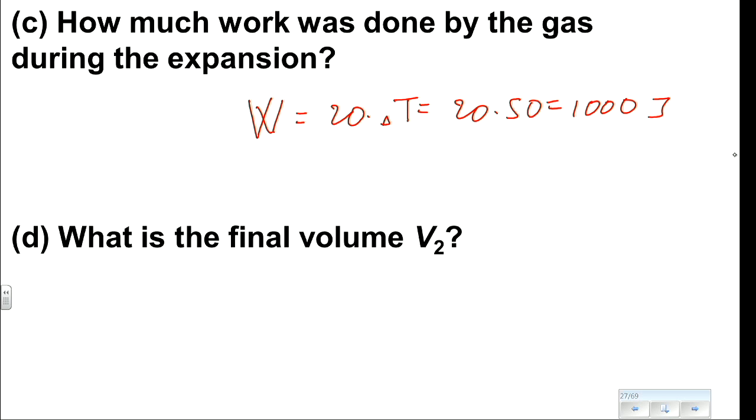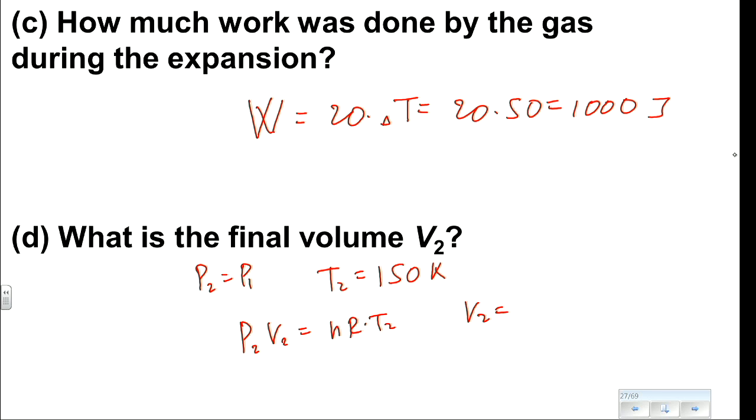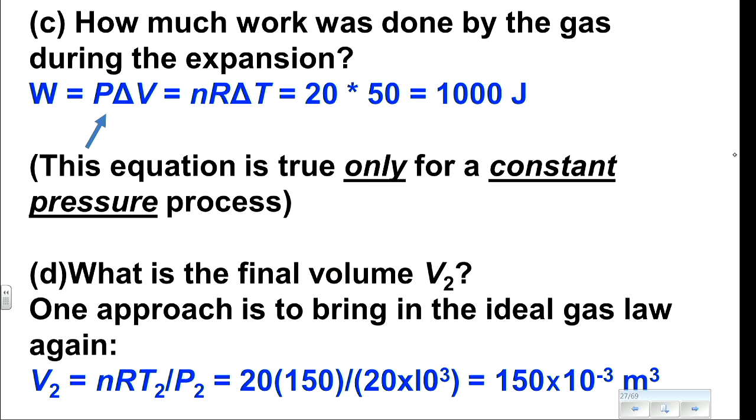Well, if we are looking for the final volume, and we already know pressure, which equals the initial, and temperature, which equals 150, in this situation, the easiest approach, again, is using the ideal gas law. I believe I have the answer. Yeah.